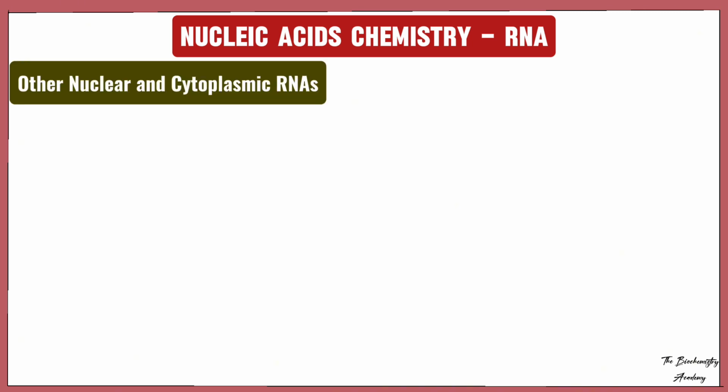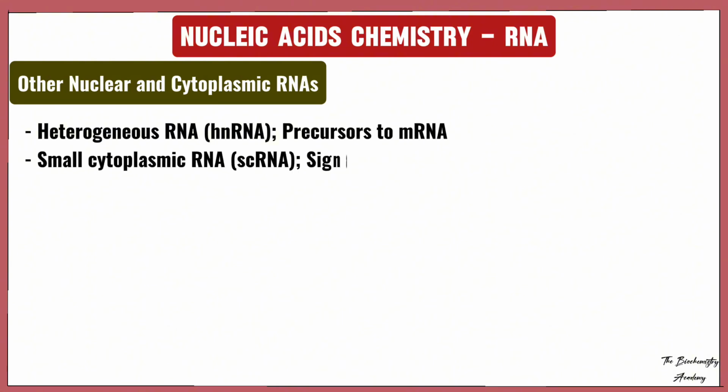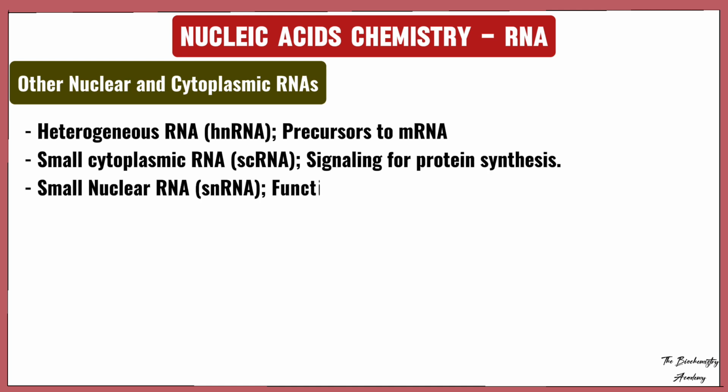There are other nuclear and cytoplasmic RNA. They include heterogeneous RNA, which we said is a precursor to mRNA, and we also have the small cytoplasmic RNA, which is used to recognize signals for protein synthesis.